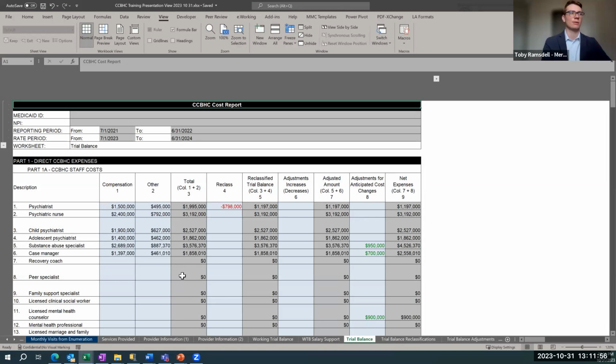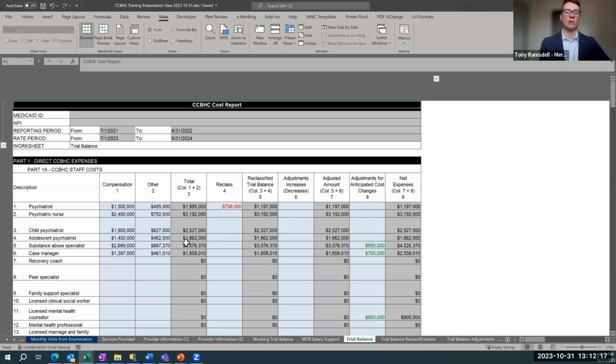All right, after line 3, we use the reclassifications and adjustments columns to work with the costs and reallocate them and make those necessary adjustments in order to accurately capture the CCBHC's costs.